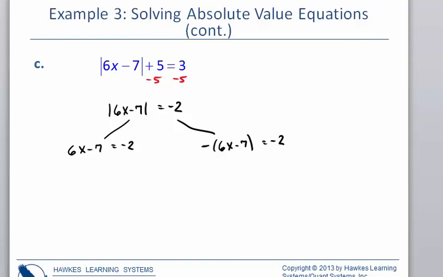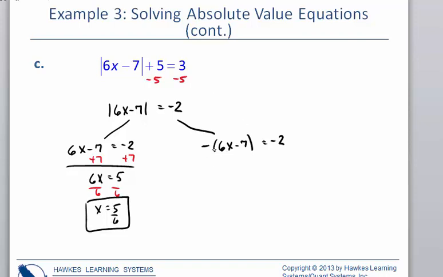All right, so we begin by adding 7 to both sides on the first one, which gives me 6x is equal to 5. And then we're going to divide both sides by 6. So x is equal to 5 over 6 as one possible solution.